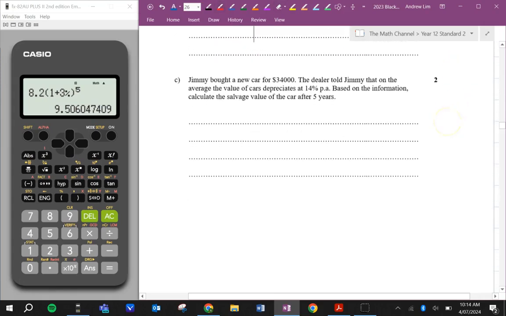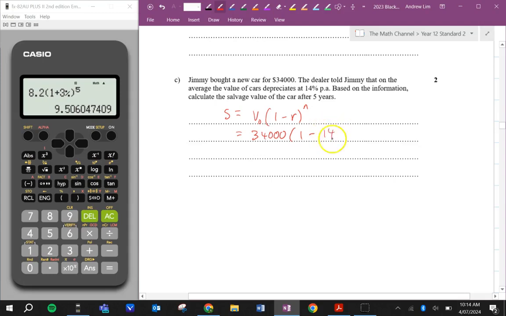Jimmy bought a new car for $34,000. The dealer told Jimmy that on the average, the value of cars depreciate at 14% per annum. Based on the information, calculate the salvage value of the car after 5 years. So salvage value is the value at time 0 times 1 minus r to the power of n. So the value at time 0 is the 34,000.